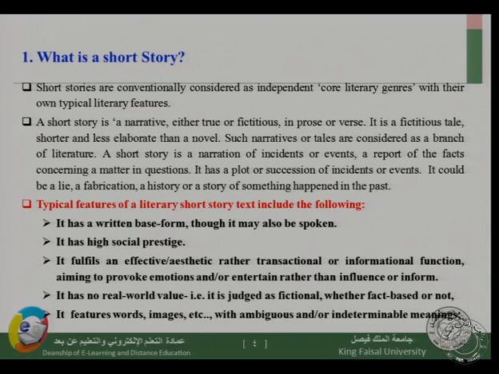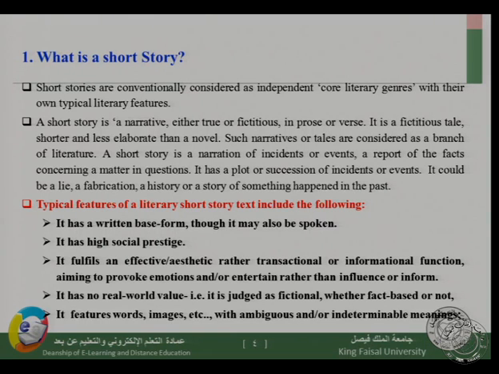It fulfills an affective and aesthetic rather than transactional or informational function. This means the function of a short story is not to inform you or to give you instructions. No, it is to move your emotions, to have an aesthetic effect or function. Why?